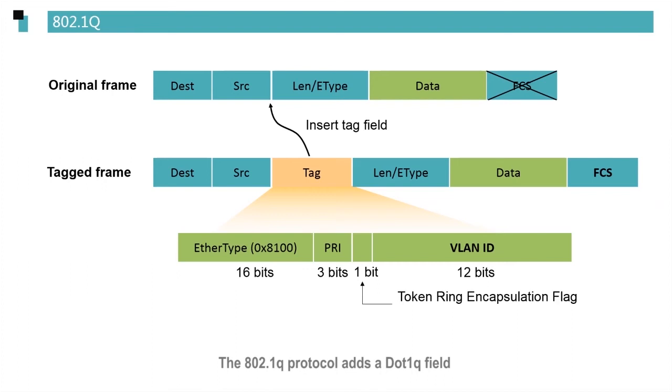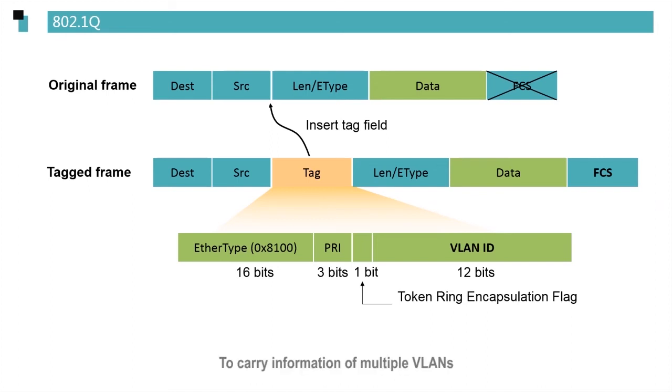The 802.1q protocol adds a .1q field in each original Ethernet frame and redoes the cyclic redundancy check, CRC. In the .1q field, the VLAN ID field identifies the VLAN to which the Ethernet frame belongs.